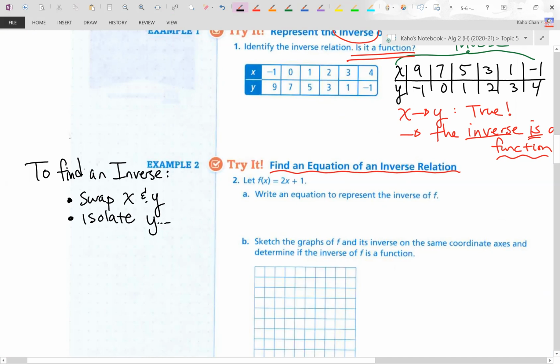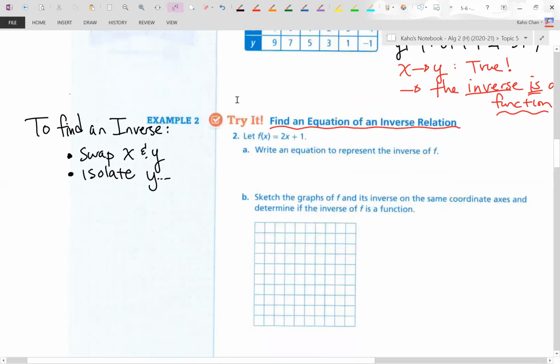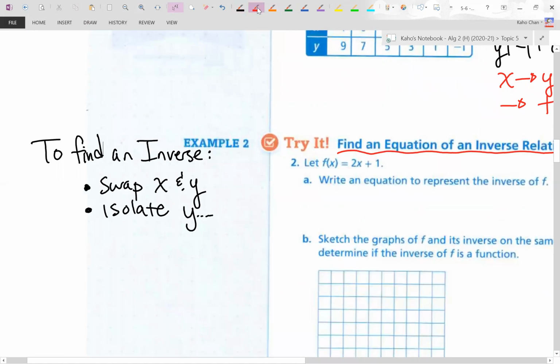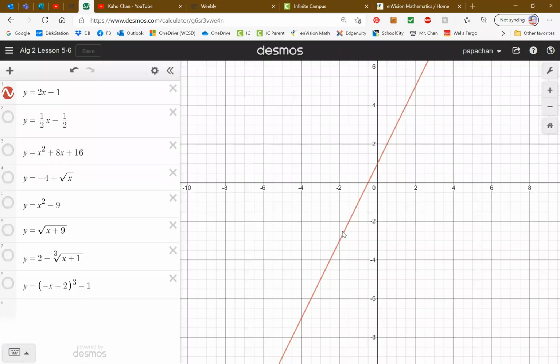Let's take a look at our opener here. We have a function f of x equals 2x plus 1. Remember, f of x is literally the letter y. Okay? And I want to show you, it's just a very simple graph of an equation of a line. Here I'm switching over to Desmos, and you can see y equals 2x plus 1 is just a simple line there.